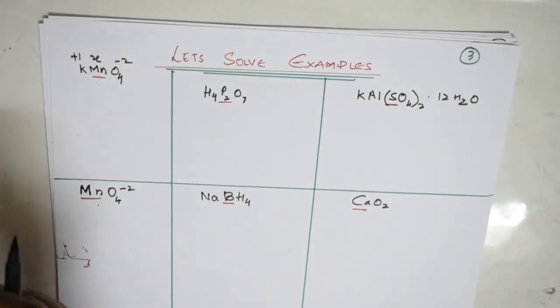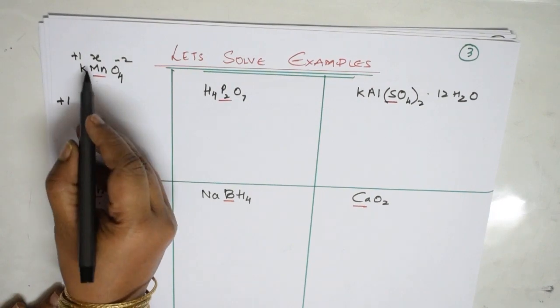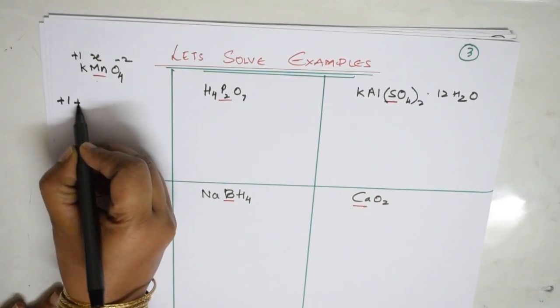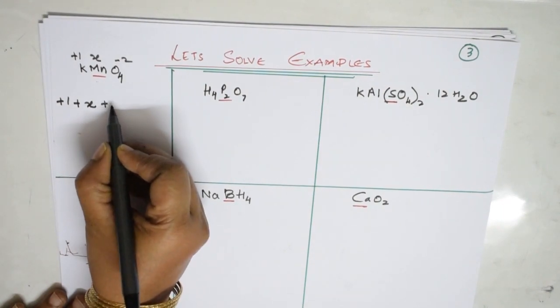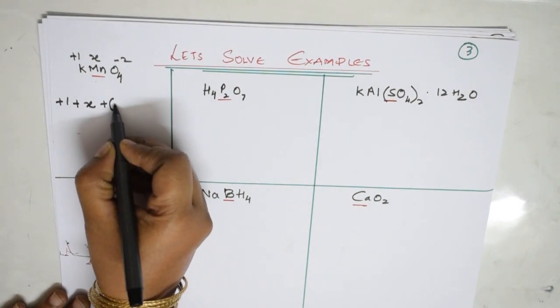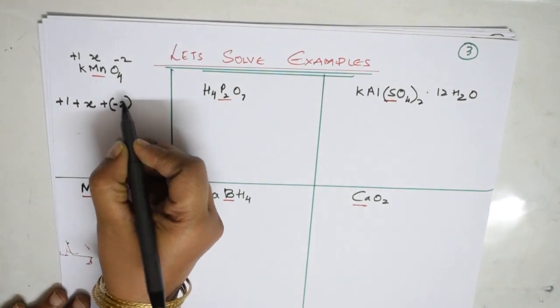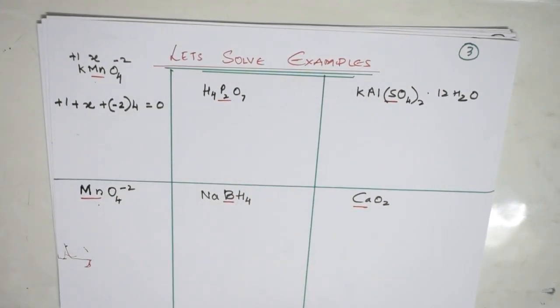Okay students, now just see how to calculate. Write this +1 first, then plus X for manganese, which I have to find out, then plus a bracket for the oxidation number -2. How many oxygens are there? 4, and the sum is always equal to 0. Now let us solve.